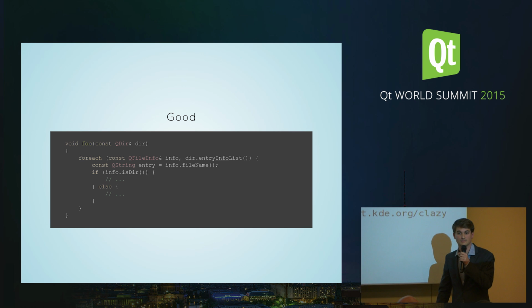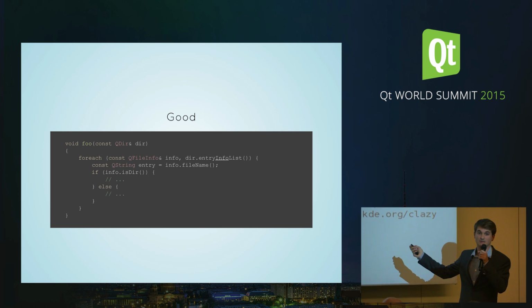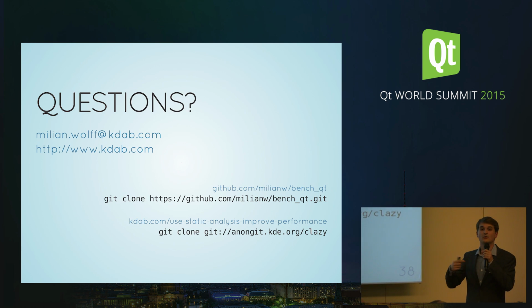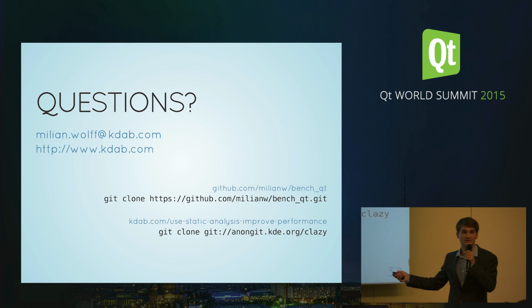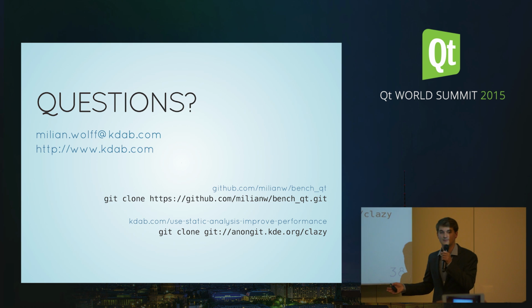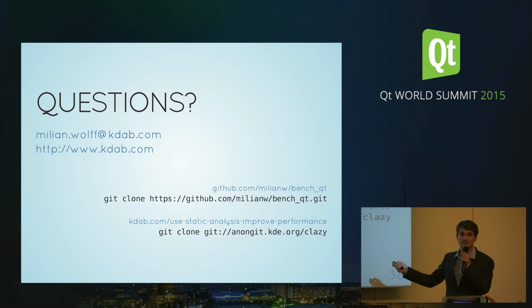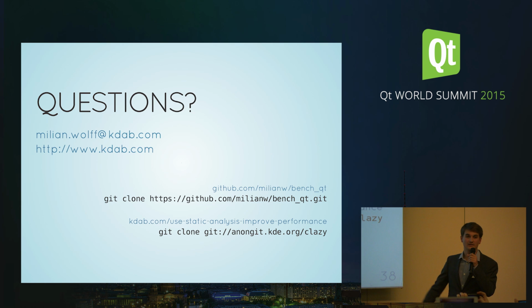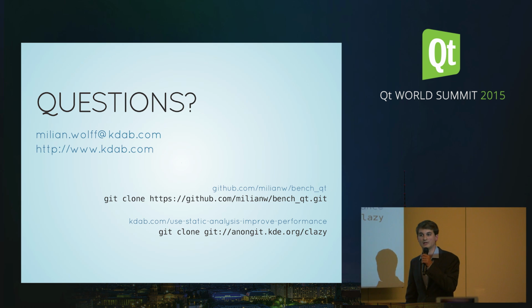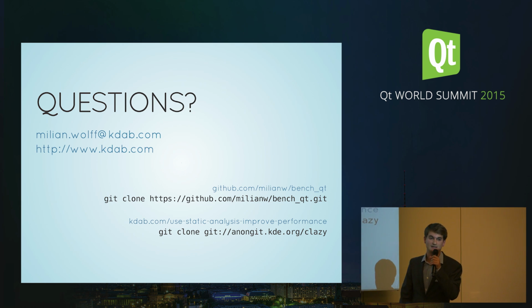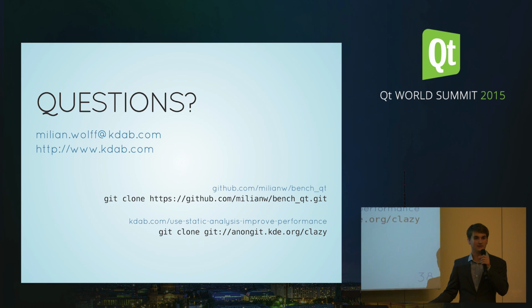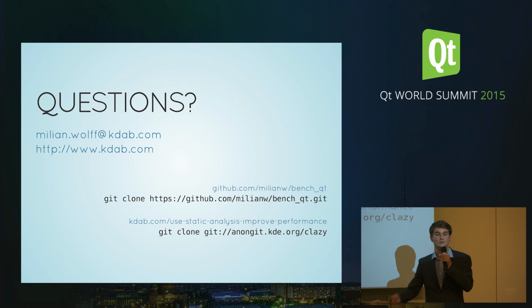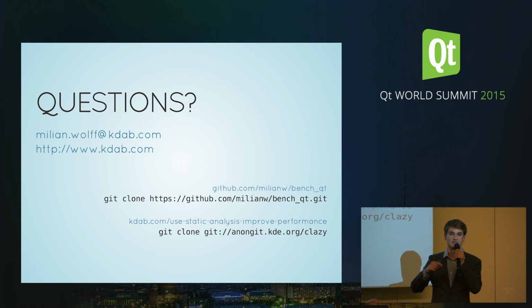So again, if you have questions or if you question what I've been saying here, please take a look at my benchmarks, run them yourself, see for yourself, compare what is faster, what is simpler. And I can also only recommend reading the blog entry by my colleague Sergio Martins about his Clazy static code analyzer, which will find already many of these patterns, and we will improve it in the future, so that you can simply run it and it warns you about all of these performance issues in your code base.